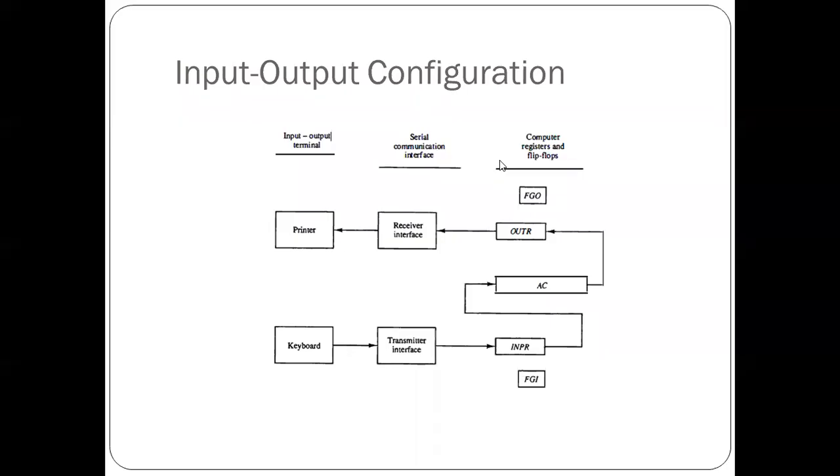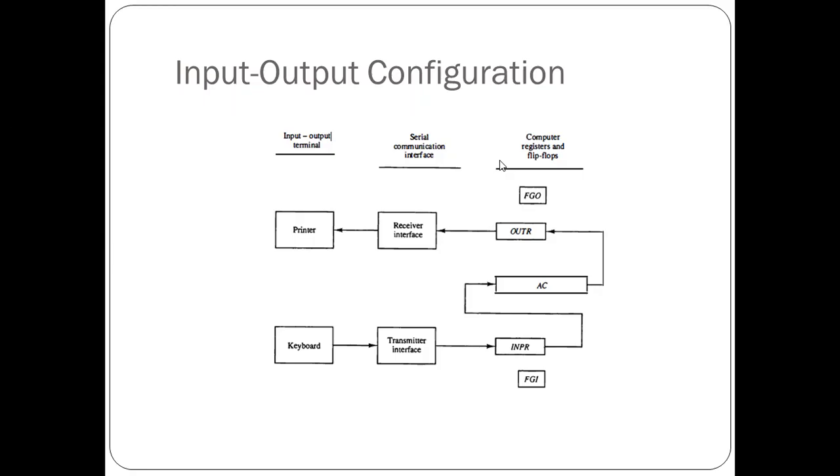But if you compare the speed of your processor, it is very high. Based on the clock, which may be of the order of megahertz, per second it will execute around 1 million instructions. But here, per second, maximum it can give you 20 characters.